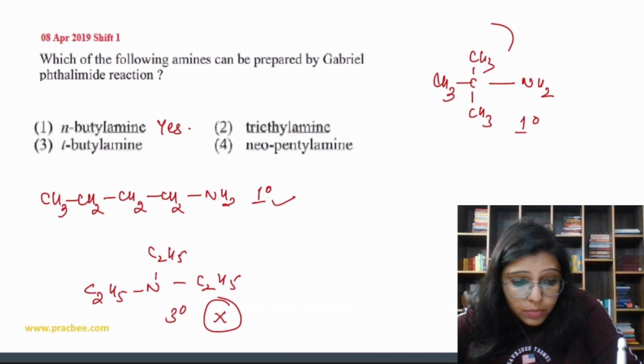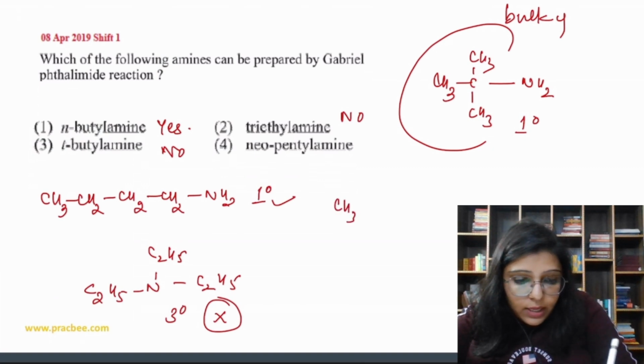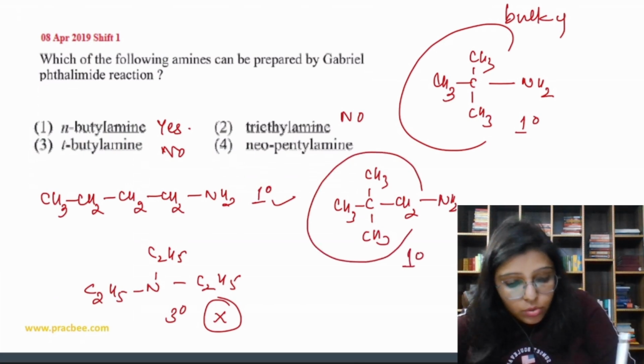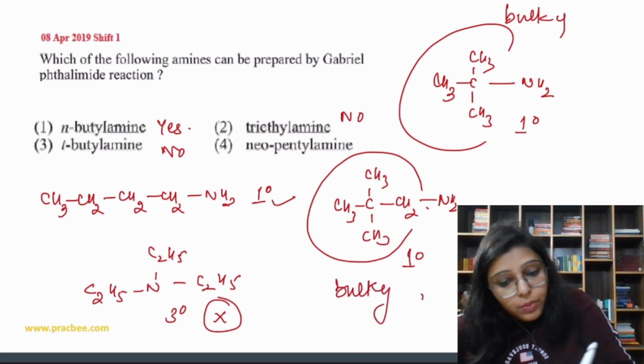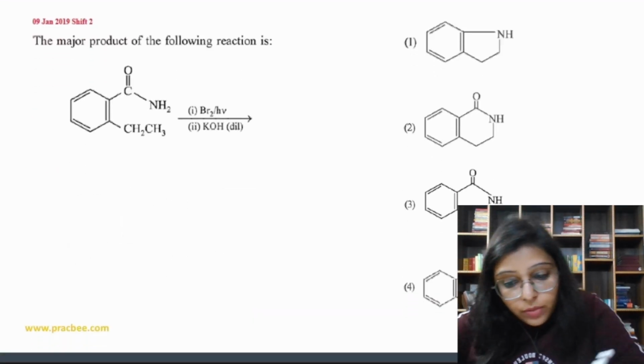This is 1 degree, but this group is bulky. So no. Neopentylamine is CH3, CH3, CH3, CH2, NH2. This is also 1 degree amine, but this group is too bulky. So which of the following can be prepared easily by Gabriel phthalimide? First, N-butylamine. Now next question.